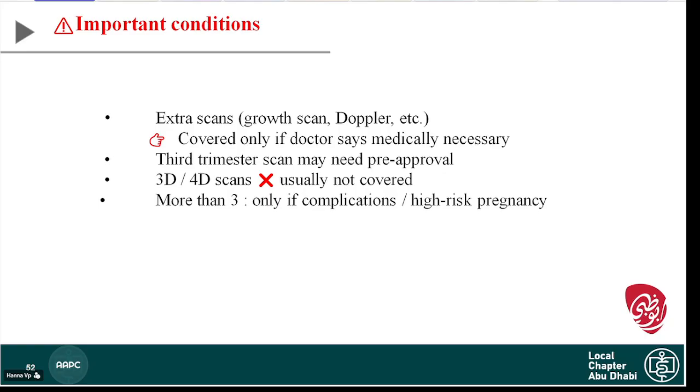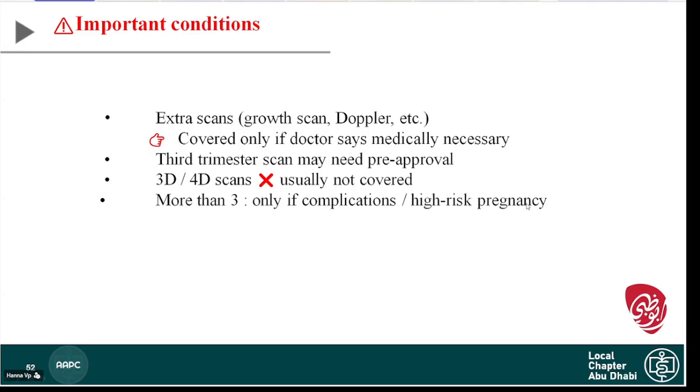Okay, and one more thing: 3D and 4D scans are usually not covered in insurance plans. If you have some enhanced plans, sometimes they are included, but usually 3D and 4D ultrasound scans are not included. Okay, you should pay. Then more than 3 only if there are complications or a high risk pregnancy.